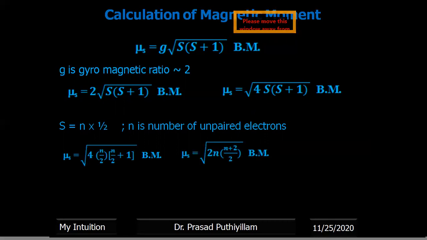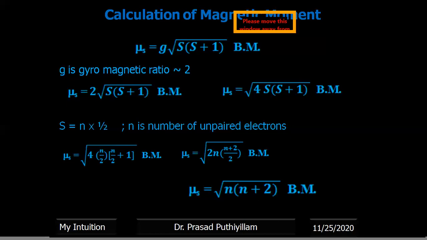On rearranging, it becomes square root of 2n into n plus 2 divided by 2, and cancelling the 2, we get square root of n into n plus 2. Therefore, the spin-only magnetic moment can be easily calculated as square root of n into n plus 2 Bohr magneton, in which n is the number of unpaired electrons.